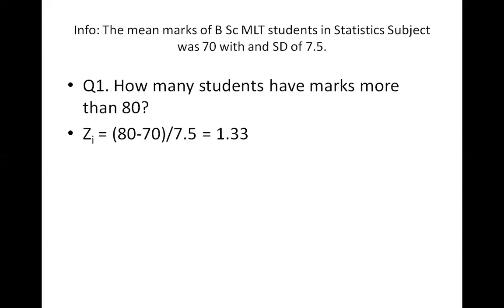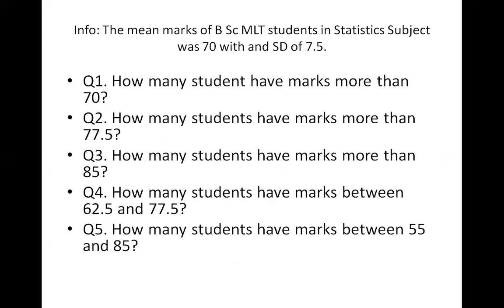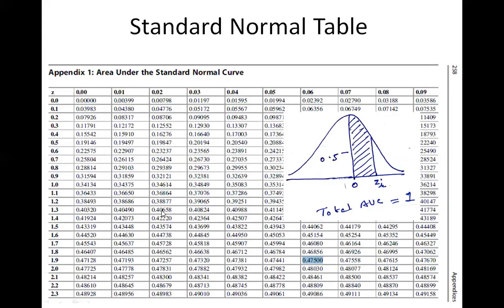So the question is how many students have marks more than 80? Your value was 1.33, 0.40824. This was the area under the curve.